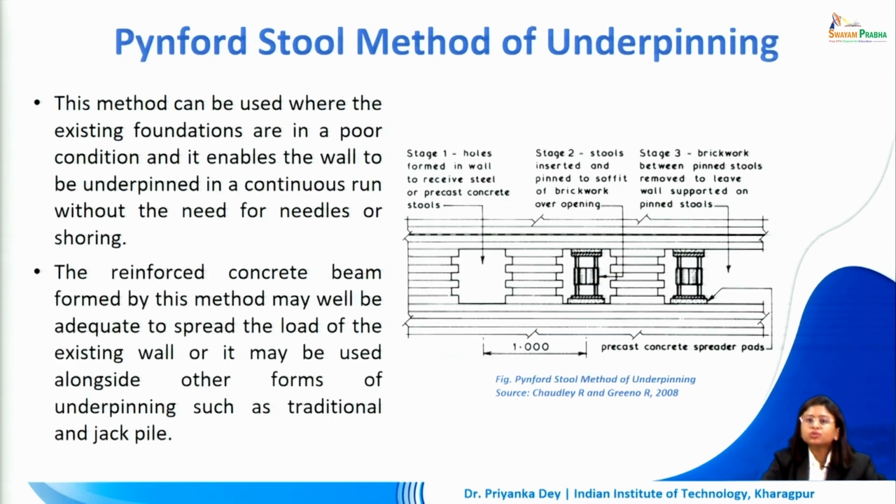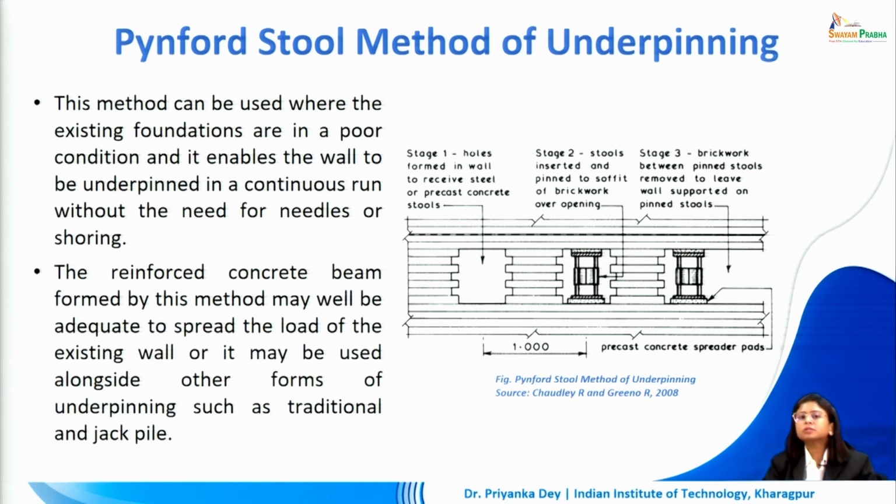The Pynford stool method of underpinning is another method which can be used where the existing foundations are in poor condition, and it enables the wall to be underpinned in a continuous run without the need for needles or shoring. Unlike the previous methods where we take alternate sections, here we support the wall above and then work from the middle of the wall to the sides, so we can underpin in a continuous run.